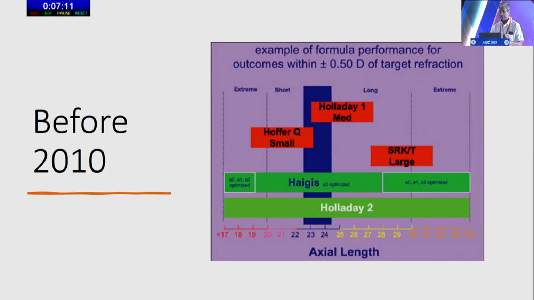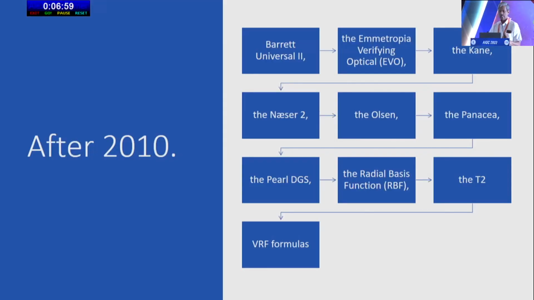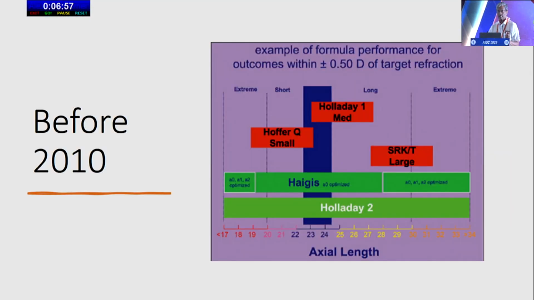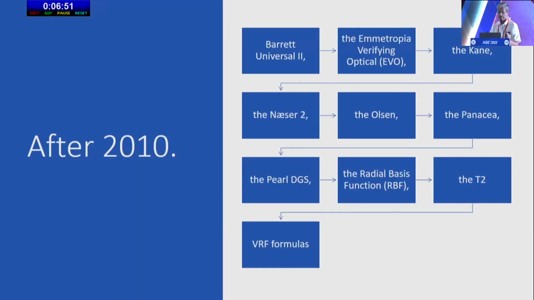Before 2010, most of us, the elder, senior, older ophthalmologists, were using Hoffer Q for small eyes and SRK/T for longer eyes. This was what we were all doing. After 2010, we started using the Barrett Universal 2 group of formulas, and we were very happy and felt that we were on top of the game.